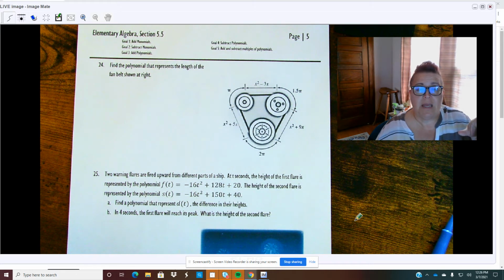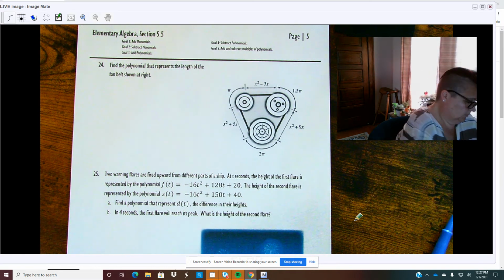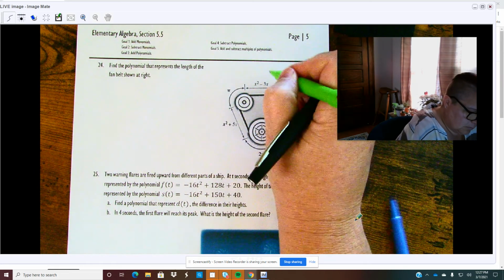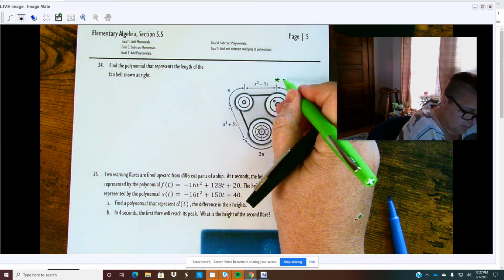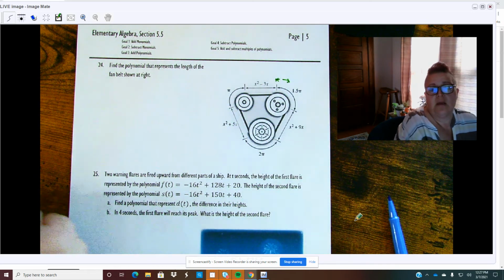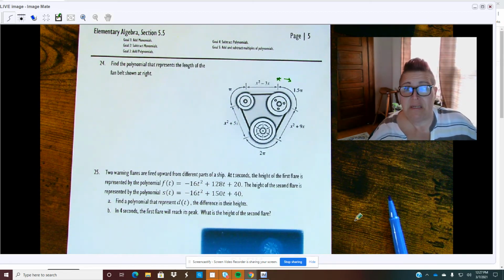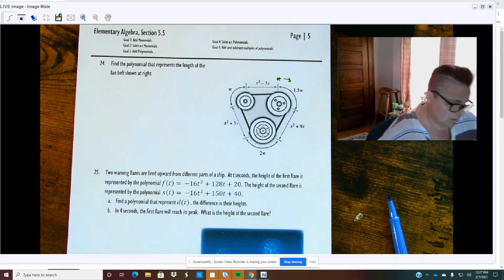And I'm just going to be adding things up as I go. I'm going to start with the easy stuff. I'm going to pick a corner, pick a starting point. Let's start here. And I'm going to pick a direction, which means I'm going to go around this way. And then I'm just going to write down all the pieces because I'm just adding them together, right?